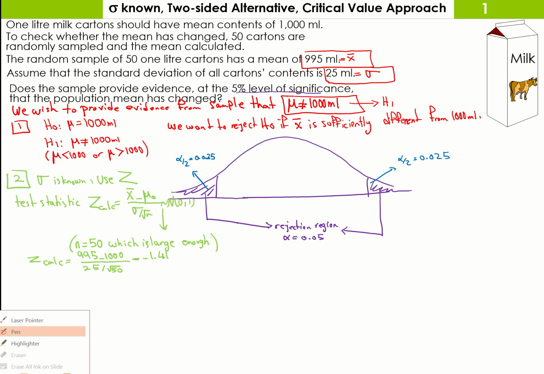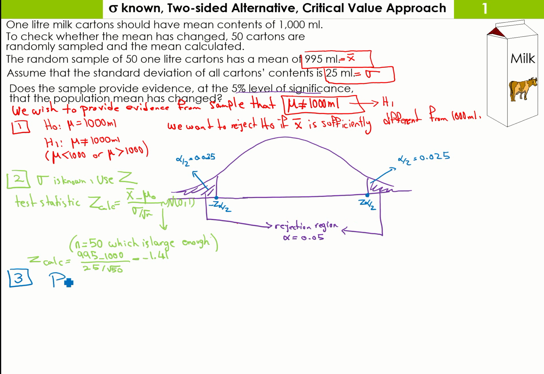Okay, now we have to find these two z values, to check whether the z calculated is in the rejection area or not. So here we have to find these negative z of alpha over 2 and z of alpha over 2 here. These are the z criticals.